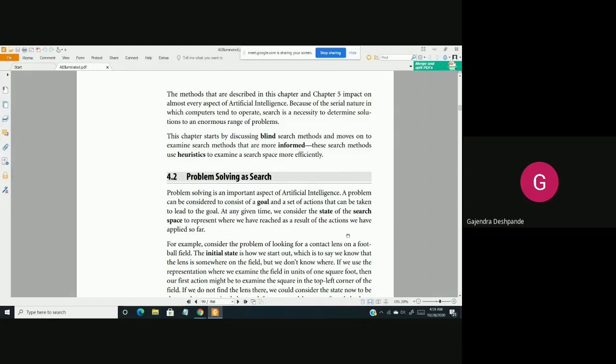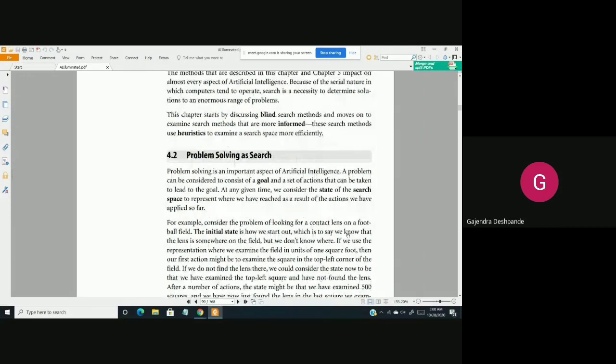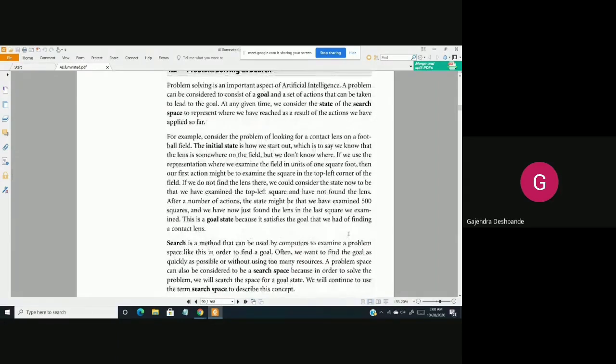State means you are in between, at one of the intermediate steps. Now the starting node or the first step is known as the initial state, and the last step is known as the goal state. The remaining states, 2 to 9, are known as intermediate states.